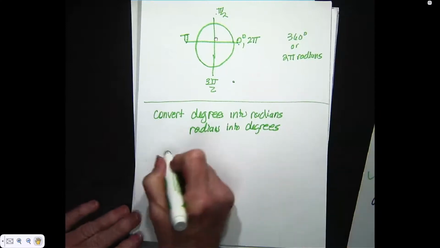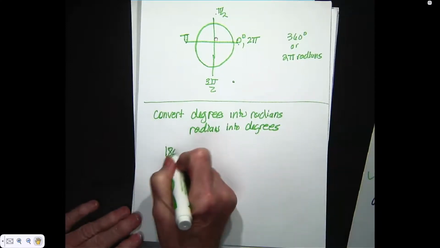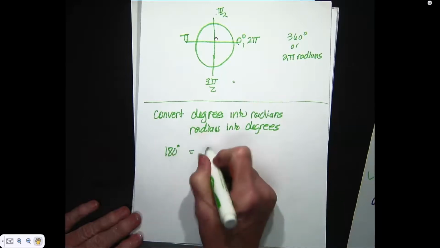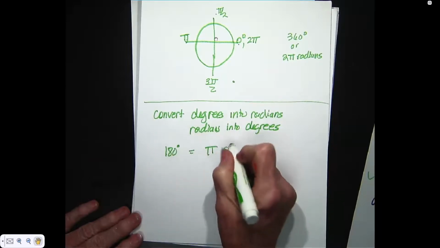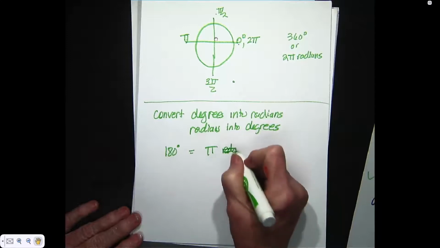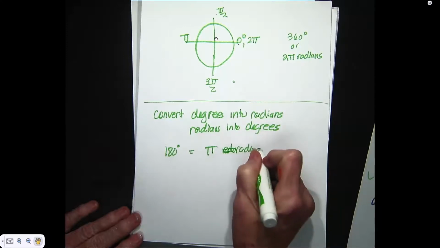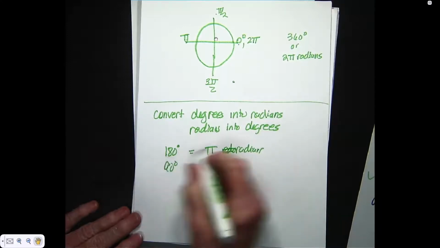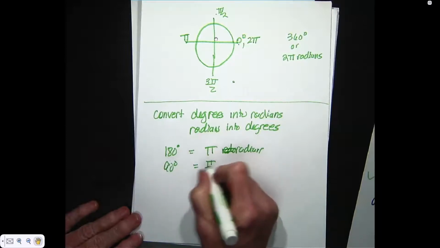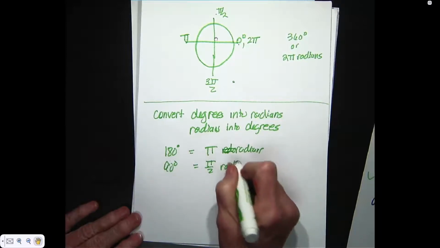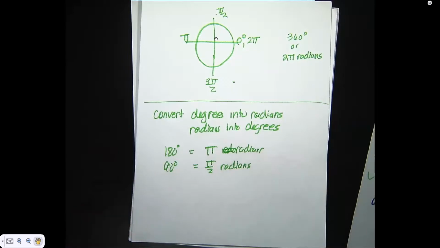All right, if I know that 180 degrees is equal to pi radians, and 90 degrees is equal to pi half radians, how can I get from one to the other? So there is a formula for that.